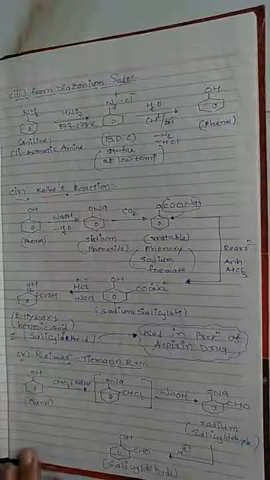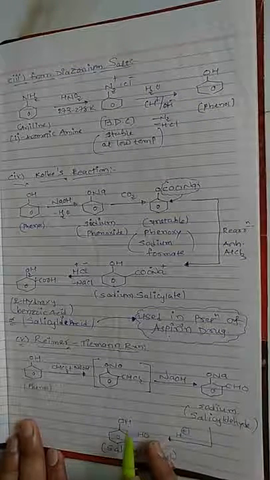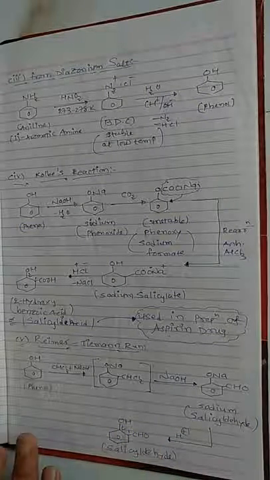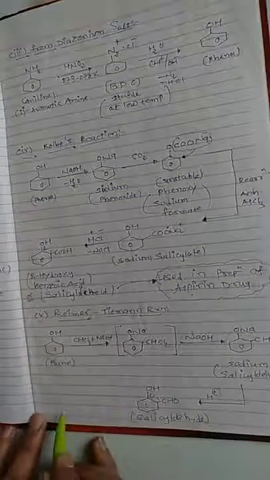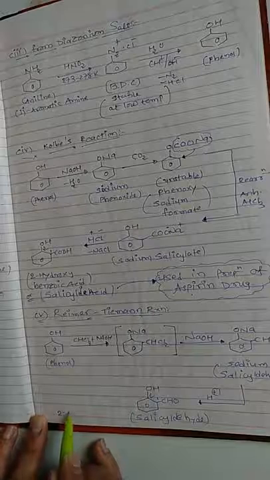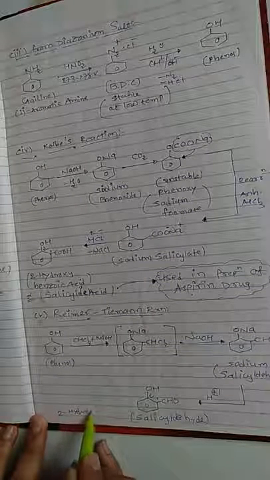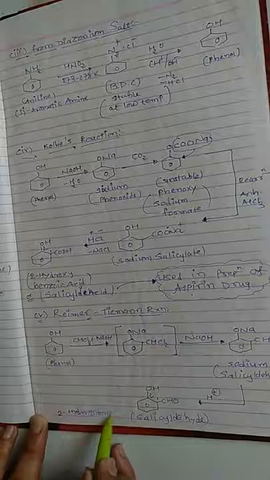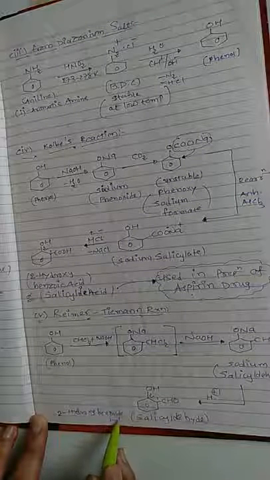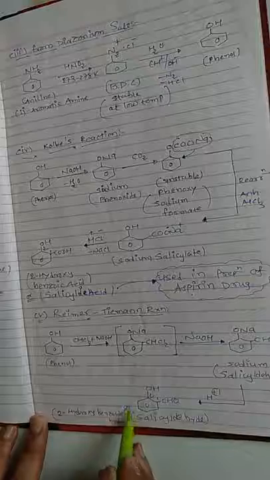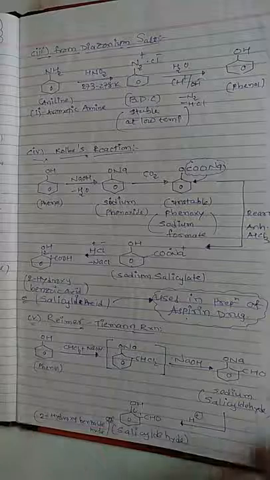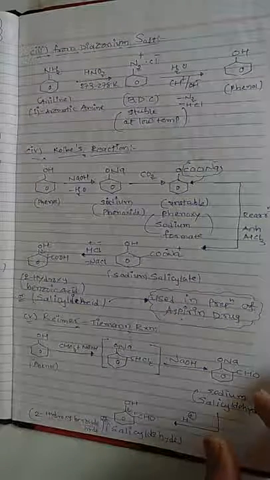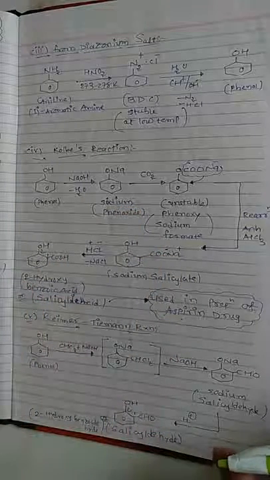The IUPAC name of salicylaldehyde: this is number 1, this is number 2, 2-hydroxybenzene carbaldehyde. So I will write 2-hydroxybenzaldehyde. This is the IUPAC name of salicylaldehyde. So this compound has more importance. So today we discussed only certain name reactions which are present in alcohols, phenols and ethers.